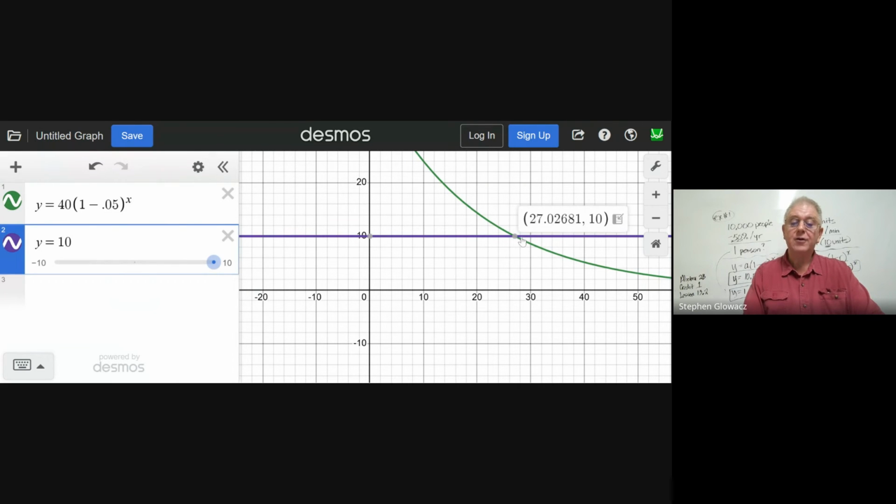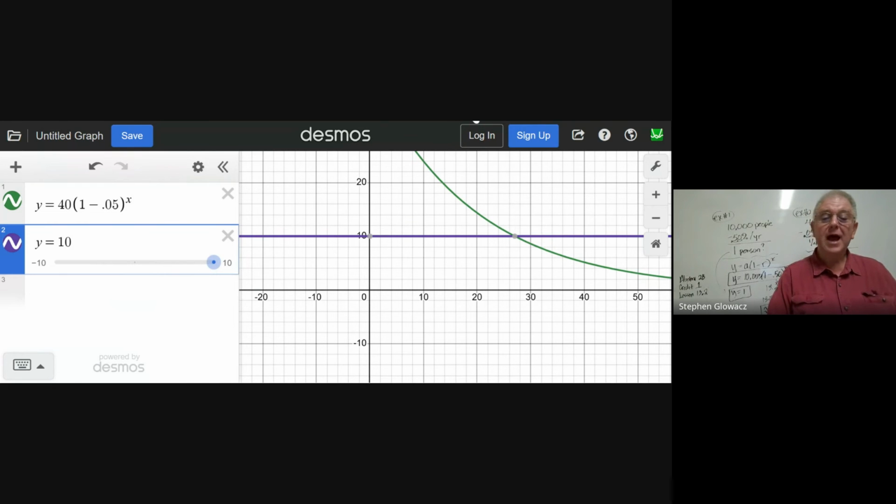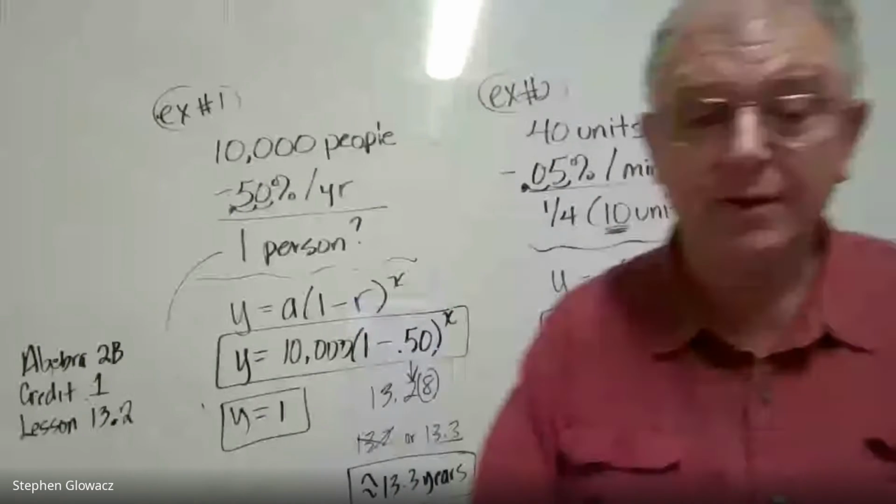We click on either graph to get the gray dot. And of course, we're looking at the x coordinate because the x axis represents time in minutes. And we see 27.02681, but we're just rounding to 1 decimal place. We'll stop sharing there.